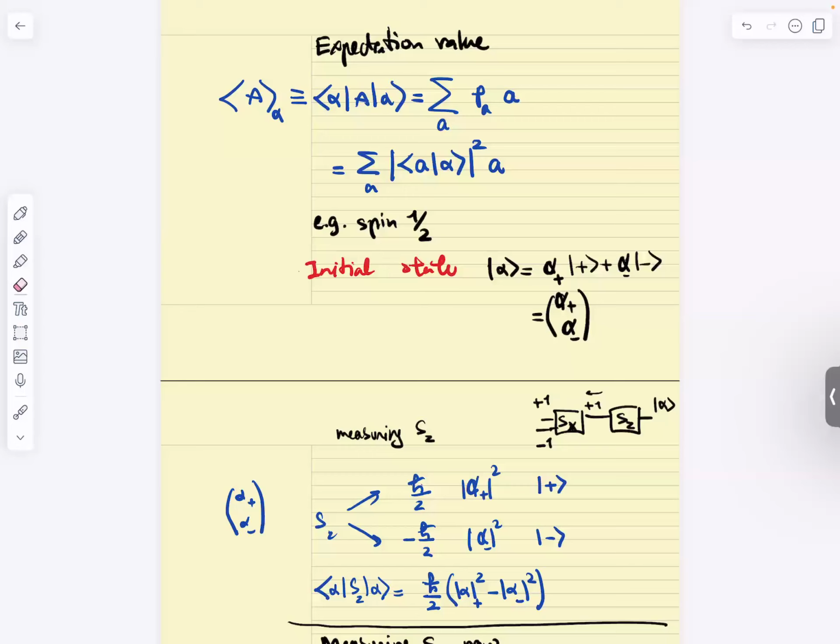If you see eigenvalue A, the post-measurement state is ket A, and the probability that corresponds to it is the component of the initial vector in the A direction, absolute value squared.